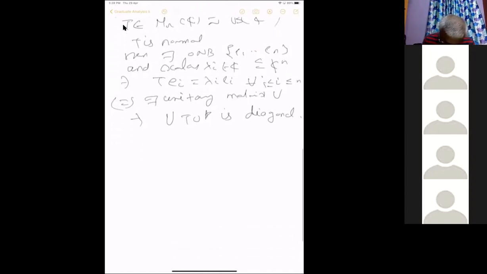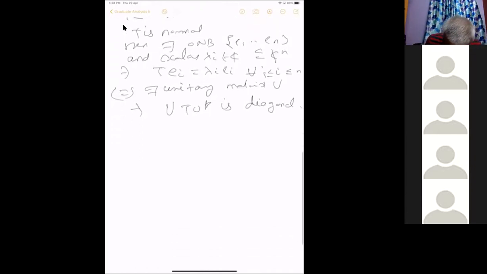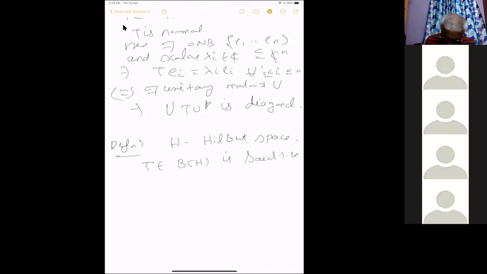Okay. So before that, let us define, for a general B of H, this is not finite dimensional. H is any Hilbert space. And T in B of H is said to be a diagonal operator.